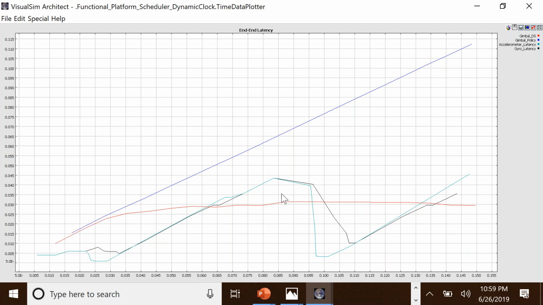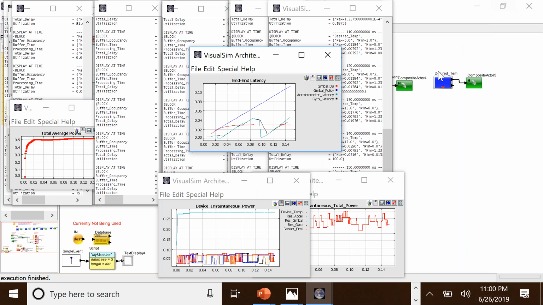Even the accelerometer and the gyro, yep, it drops once, but then it's in a very small range. The gimbal policy is constantly going up, which indicates that it's buffering or queuing within one of the subsystems that we're looking at. So this allows me to debug exactly what is happening within my particular design and make sure that everything is working correctly.